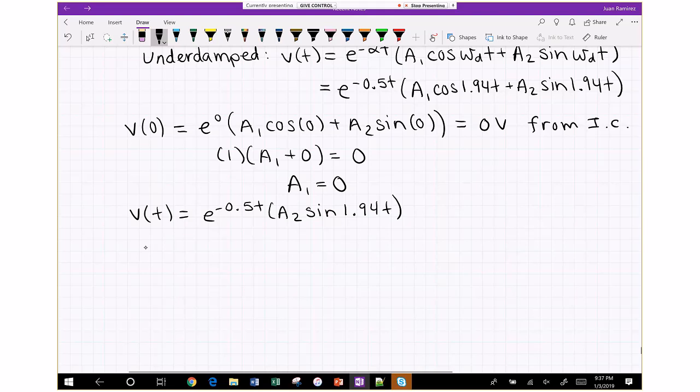Now we look at the rate of change of voltage, since that's our other initial condition. So again, we do product rule. So I'll go a little quicker now.